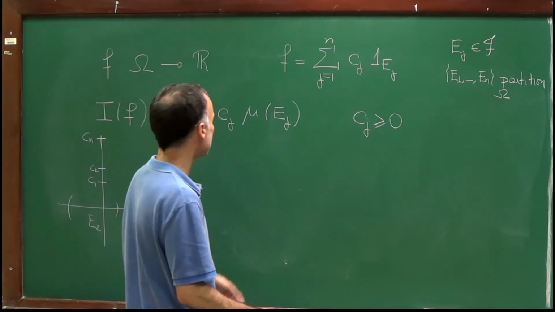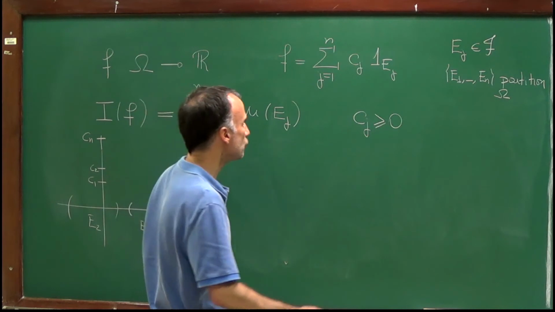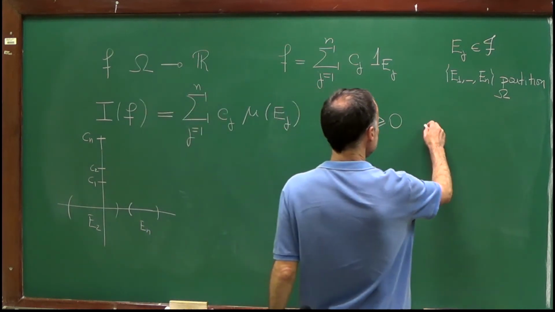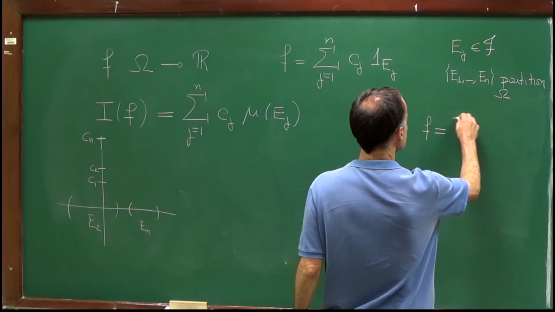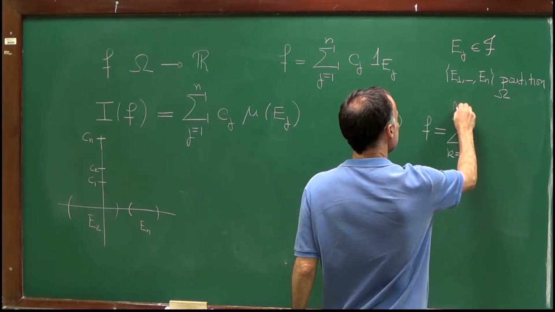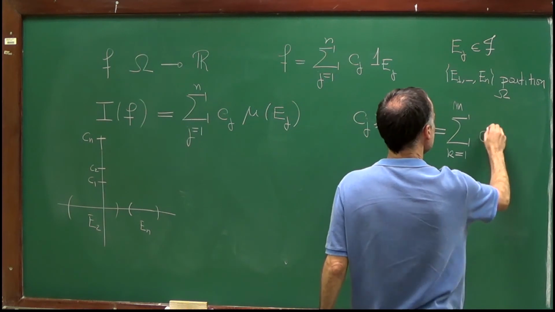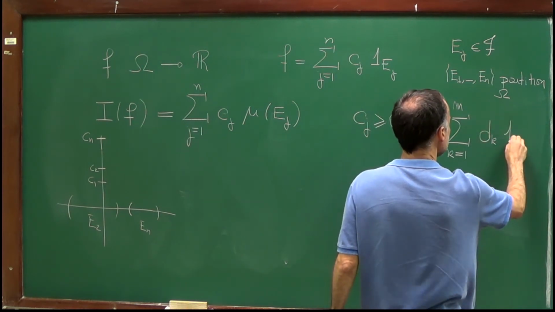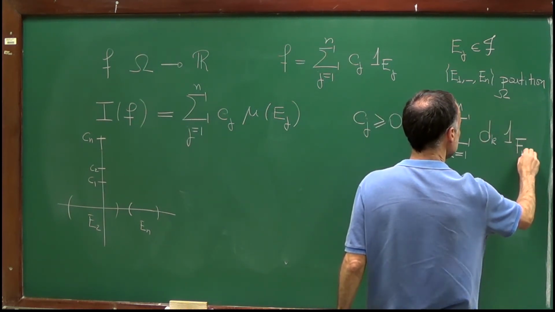So suppose that I have this function f, which is also written as a sum from 1 to n of values dk times the indicator of a set Fk.